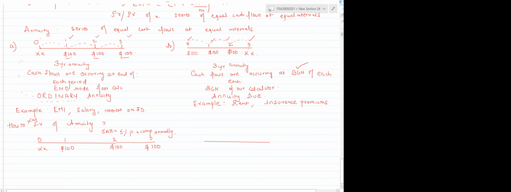Okay, guys. So my stated annual rate is 5% per annum, compounded annually. Right, guys? So how do we calculate the future value?